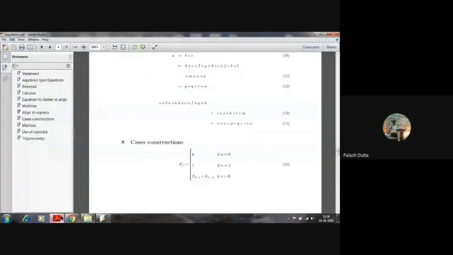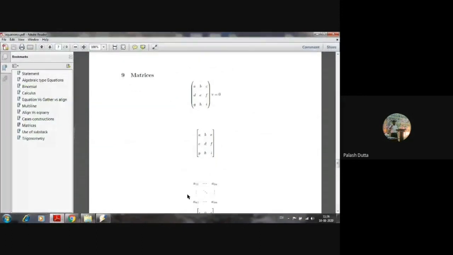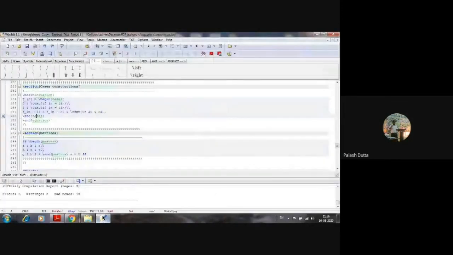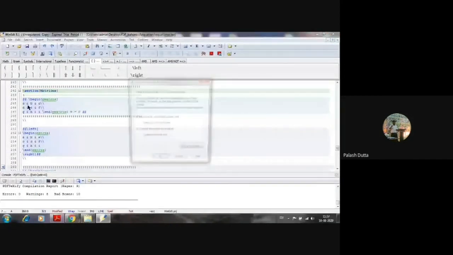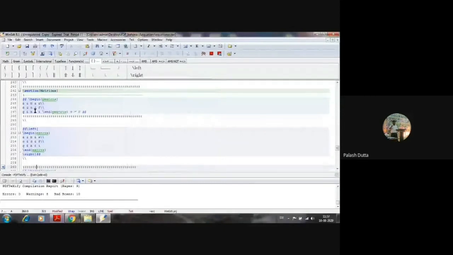Next, we will talk about matrices, right? How can we write a matrix equation? Simple. See here, matrices. Begin pmatrix and end pmatrix into V equal to 0. This is the expression, right? In between this, we can write A, like a table. In a table also we generally write like this, A and B and C. In the first column it is A, in the second column it is B, in the third column it is C. In the second line again, if we write in this way, it will produce this.